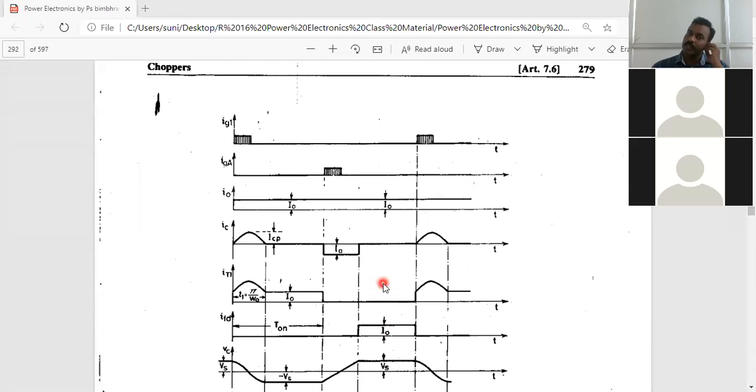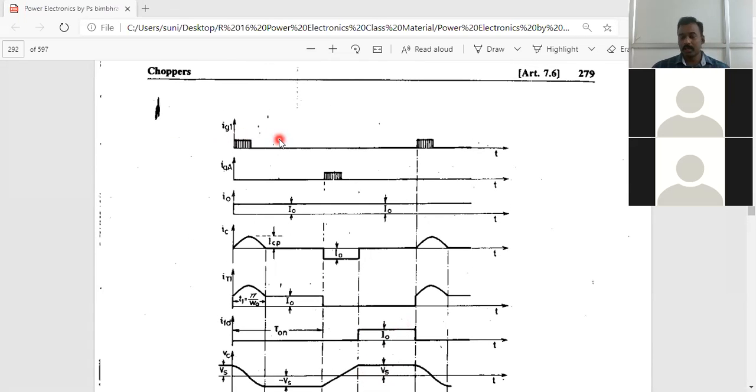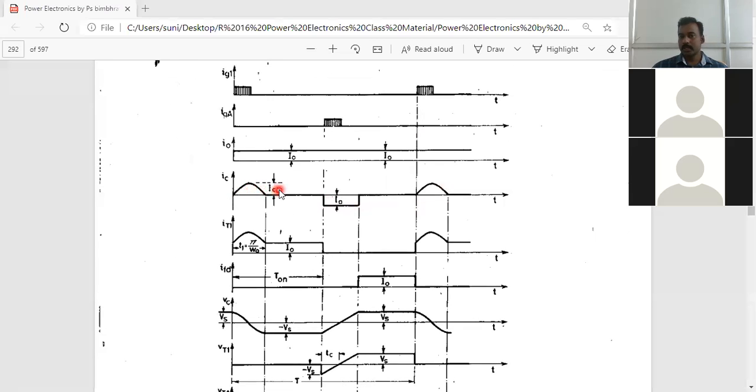So the first one is the gating instance for thyristor 1 and the auxiliary device, then the load current I naught, the capacitor discharge current IC, and the current across the conducting thyristor T1.